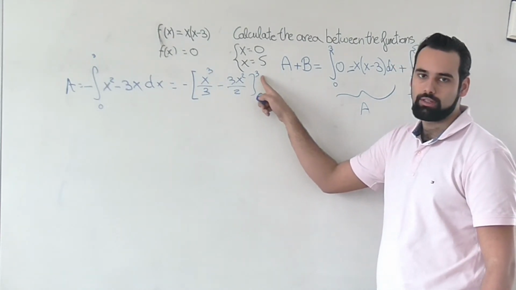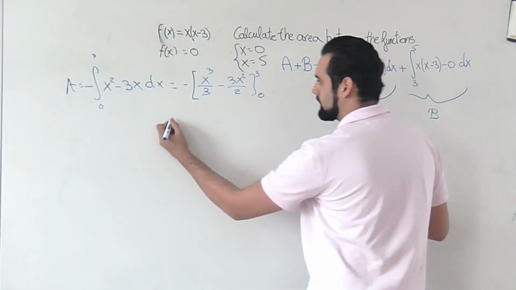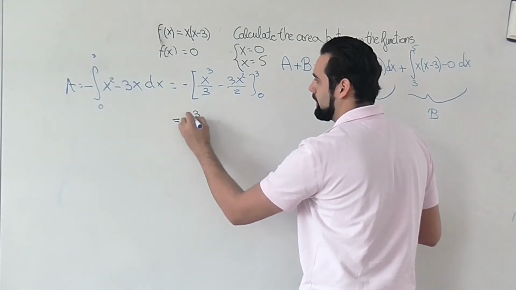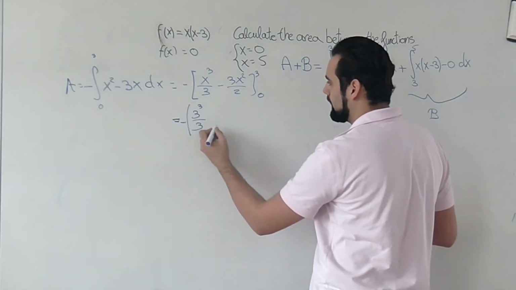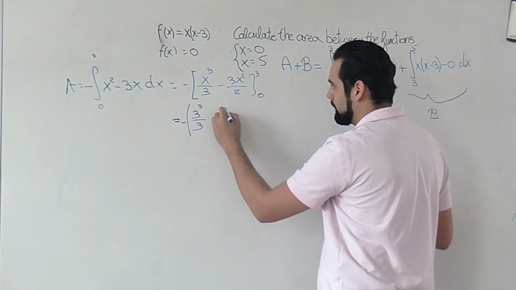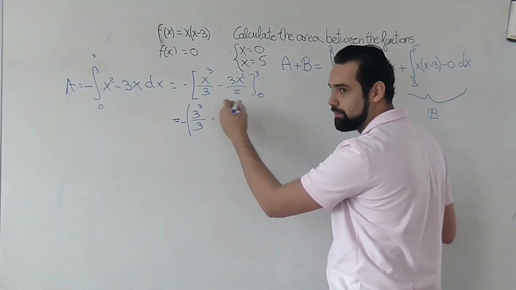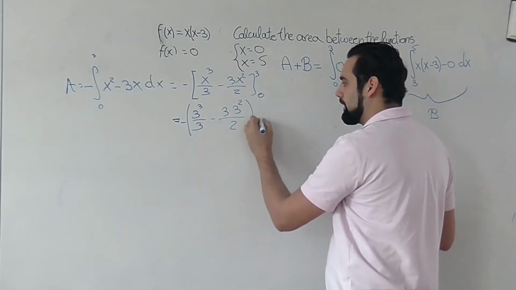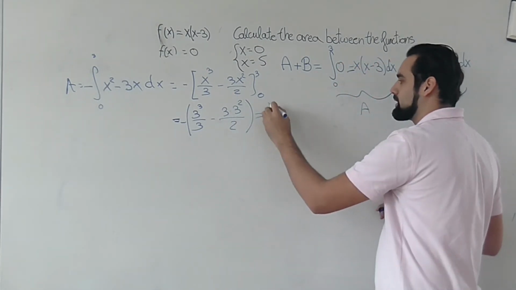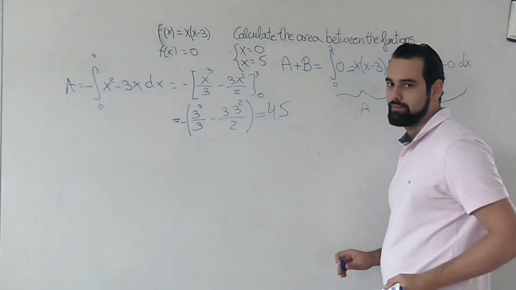So I'm just going to calculate it for 3. So this is the same as saying 3 cubed divided by 3 with this minus in front of it, minus 3 times 3 squared, so 3 cubed, divided by 2. And then if we solve this, this is more or less 4.5.